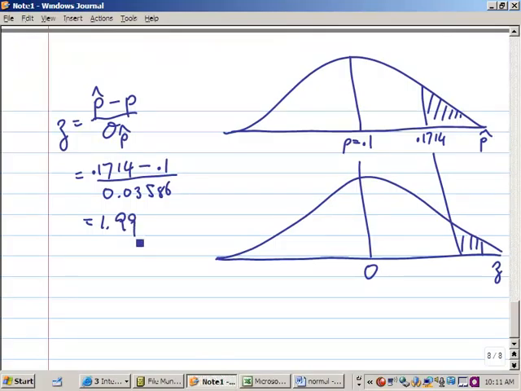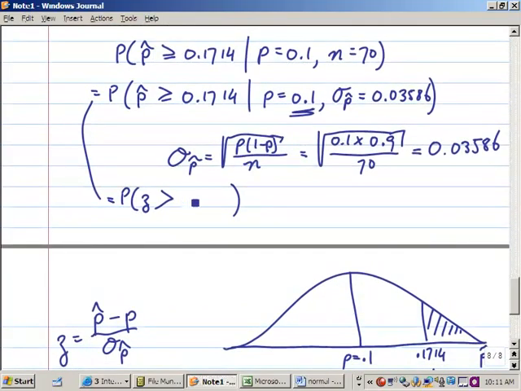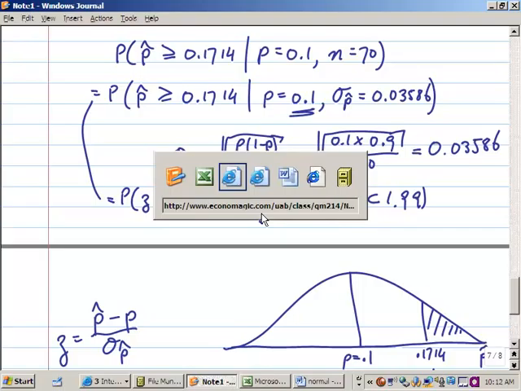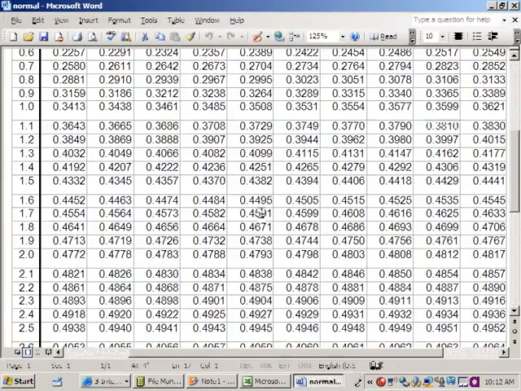So 0.1714 is 1.99 standard deviations above the 0.1, 10%. Again, it's an area in the tail, so it'll be a half minus the value from the table from 0 to 1.99, and 1.99 will be 0.4767.